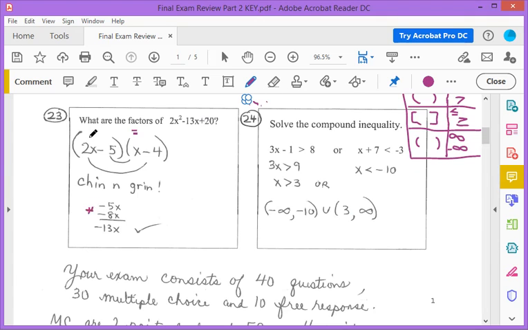The outer terms are 2x times minus 4, that gives us negative 8x. When we add negative 5x plus negative 8x, we're checking to see if we get the middle term, which we do. If you see that you have negative 13x in this case, then you know you factored correctly. So this will be our answer.